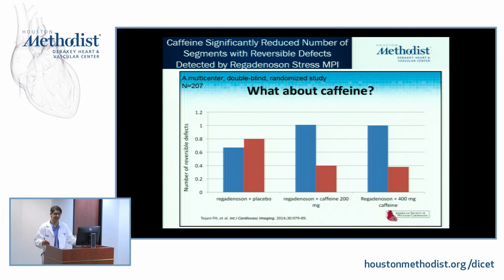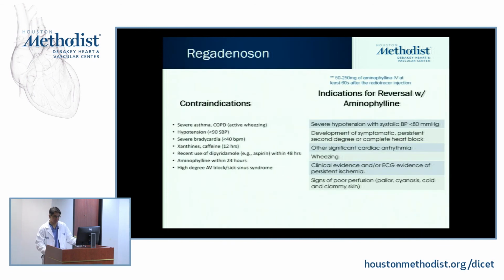So you drop your sensitivity significantly. It makes sense based on the pathophysiology we know already. So caffeine can be a big deal, something definitely to inquire about for our patients.